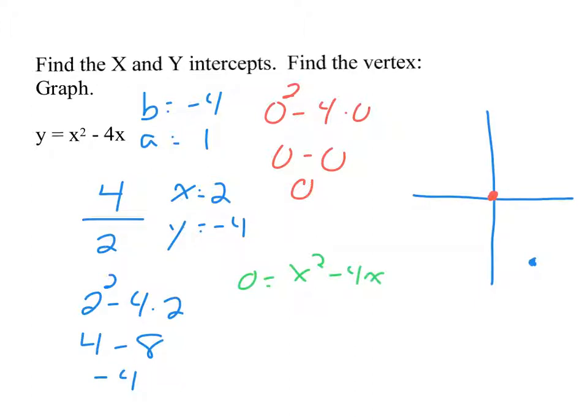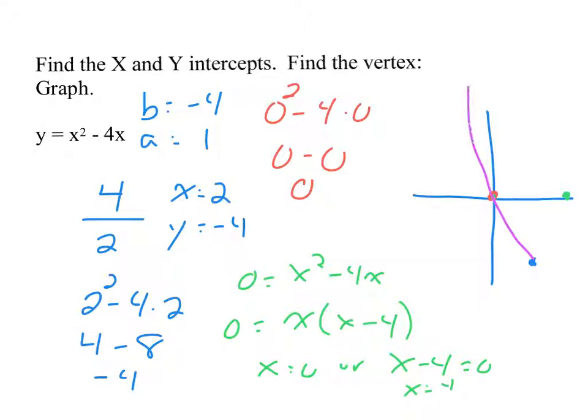We can factor this, so 0 equals x times x minus 4. Now we know from Algebra 1 that either x equals 0 or x minus 4 equals 0. So we already have a root of 0 right here on our y-intercept. We'll just put it in again in green. And then we also have a root of x equals 4. That's going to be right here. So my parabola, I'll do that in purple, is going to look something like this.